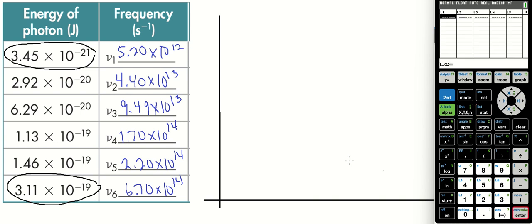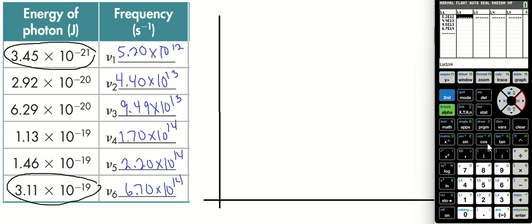Let's put the X values, the frequency, in the L1 column. 5.2 times 10 to the 12, enter. 4.4 times 10 to the 13, enter. 9.49 times 10 to the 13, enter. Let's just do the last one here, 6.7 times 10 to the 14. Don't feel like doing all that. We only need to do two of these, right? Get 2 points on the line.